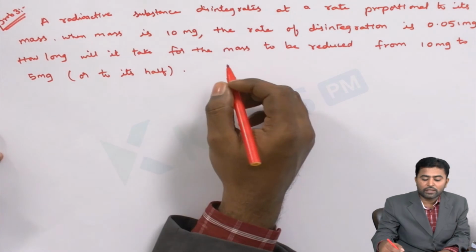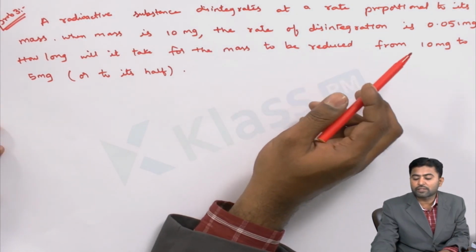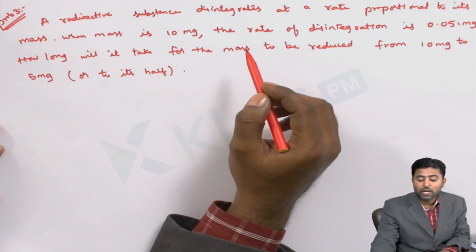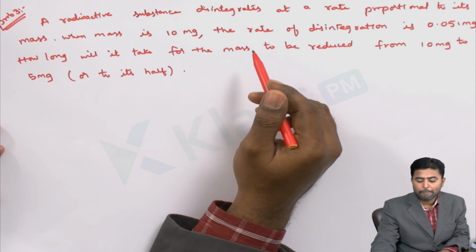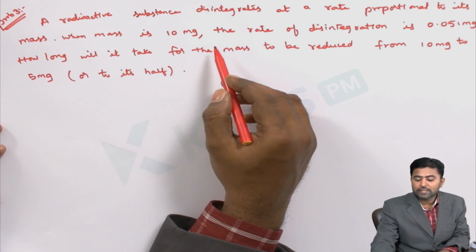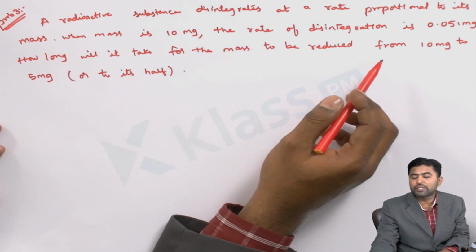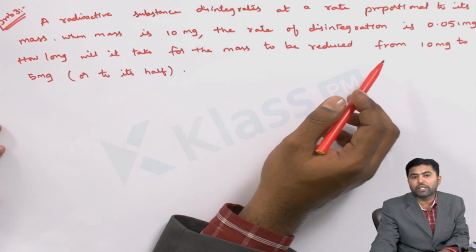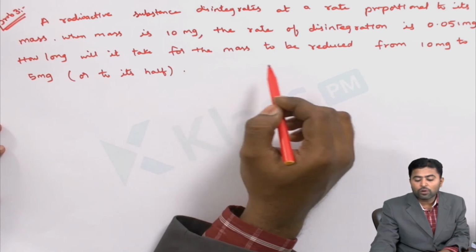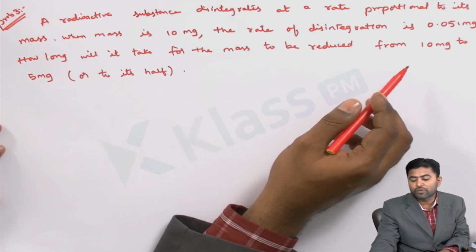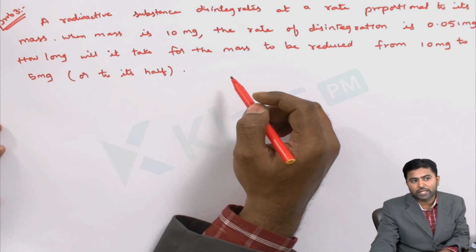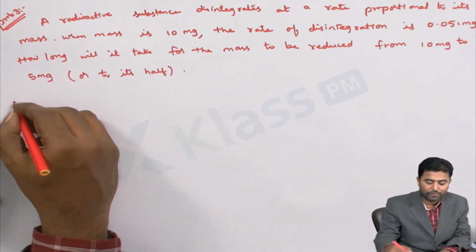You are given the question: a radioactive substance disintegrates at a rate proportional to its mass. When mass is 10 milligrams, the rate of disintegration is 0.051 milligrams per day. How long will it take for the mass to be reduced from 10 milligrams to 5 milligrams, or to its half?